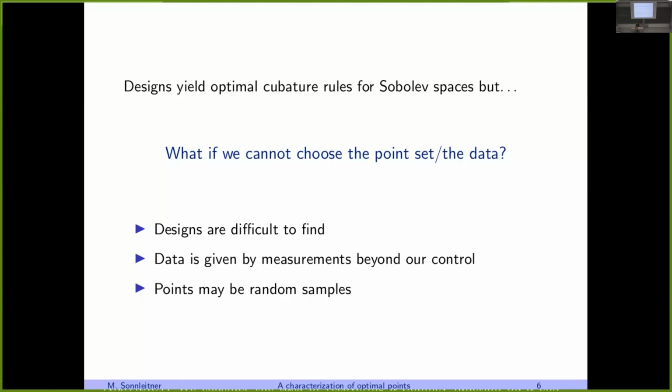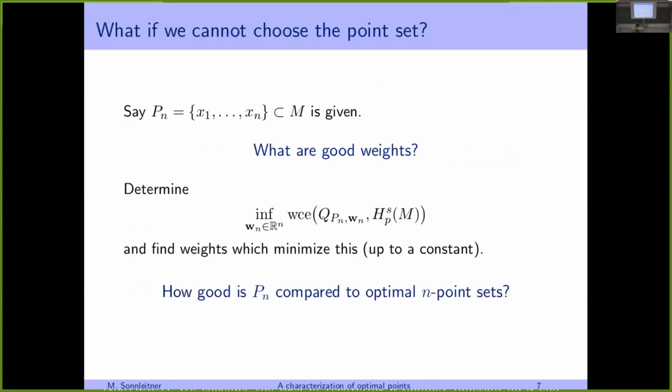And then we want to know the following. So we have some point set given on this manifold. And we ask ourselves, what are good weights? How should we choose the weights to integrate functions in Sobolev spaces? Meaning we want to minimize this worst case error over all cubature rules which use this point set and some weights.